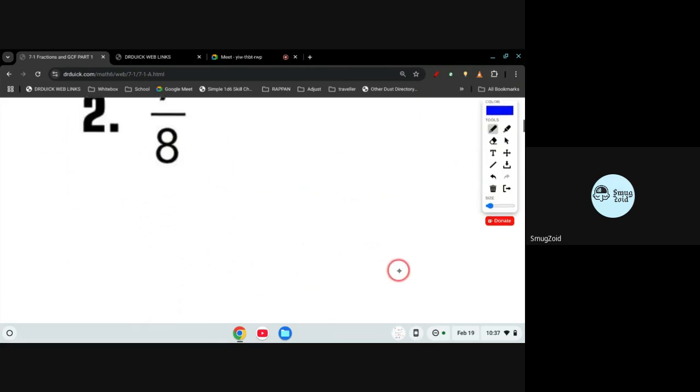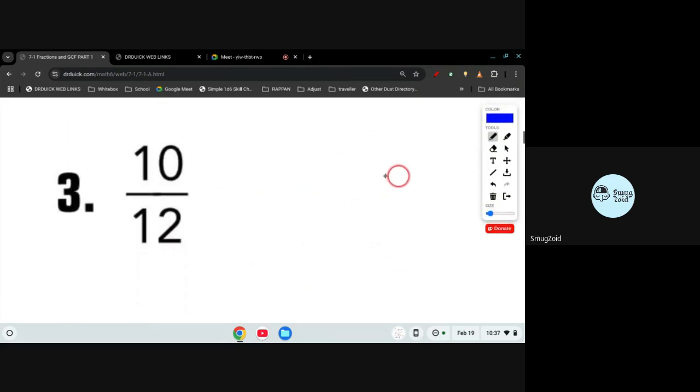All right, let's take a look at number 3. Ooh, 10 and 12, all right? Following along with this same idea, the factors for this, 2 times 5. Factors of 12 is what? 2, 6, 2, 3.